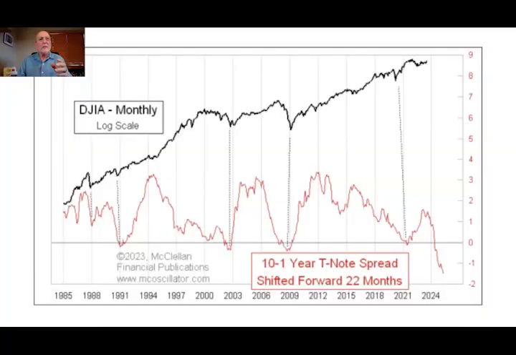Now, the significance of this is in the length and the depth of the inversion. We aren't done yet. As of today, the interest rate inversion has not bottomed, and it's continuing to get deeper and deeper, which just postpones the projected end date of this bear market. Now, the point of greatest inversion is the time to count forward from, and we haven't yet seen that condition.